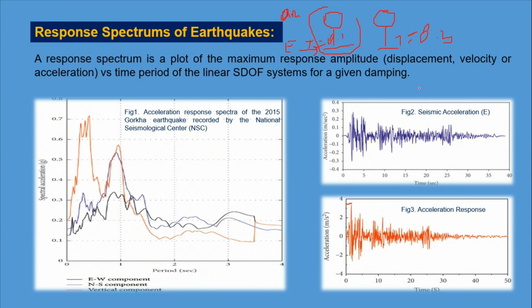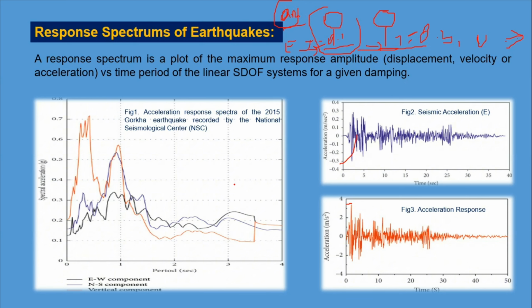If we apply the same acceleration to this system as well, we get another acceleration response like this, and from that we get another maximum acceleration due to this earthquake. If we continue this process for other single degree of freedom systems of greater time period like 0.5 and 0.6 and any other time period, then we can plot a graph between maximum acceleration versus the time period of single degree of freedom systems.